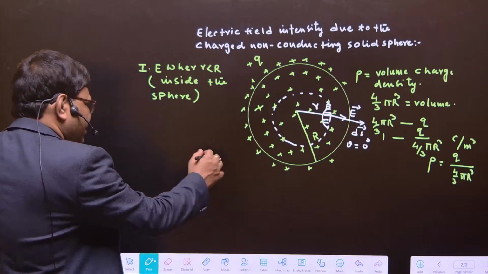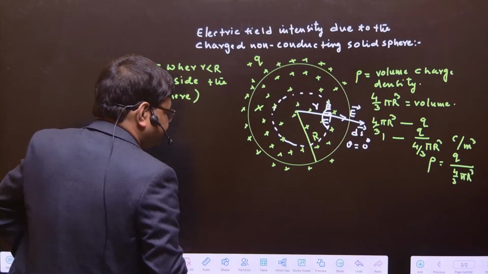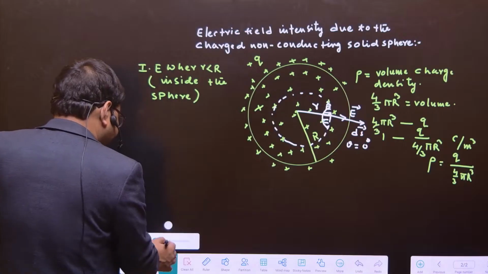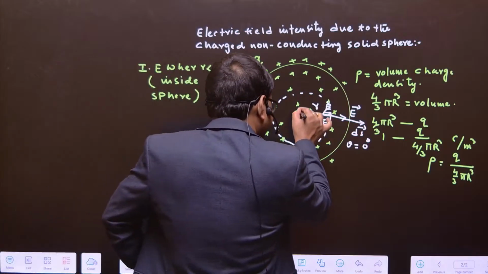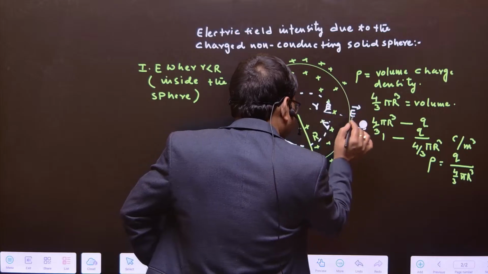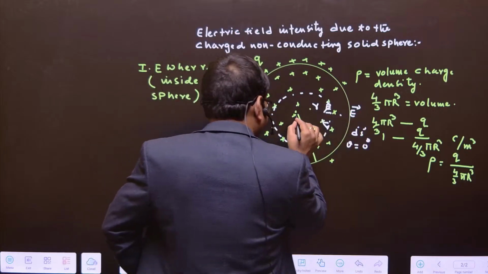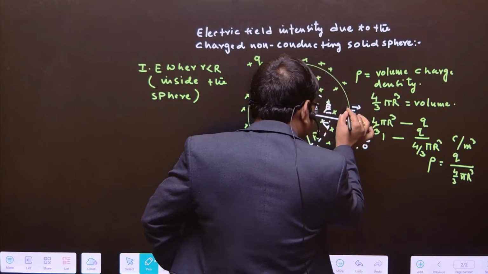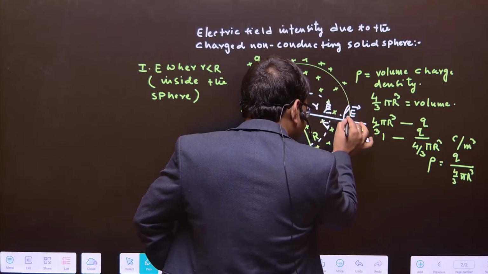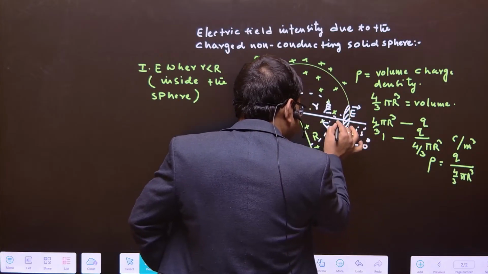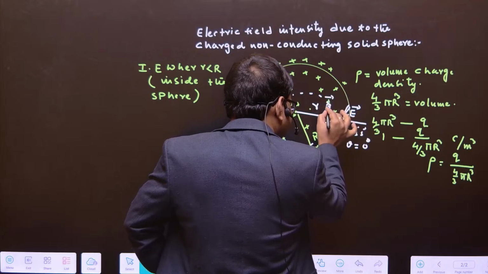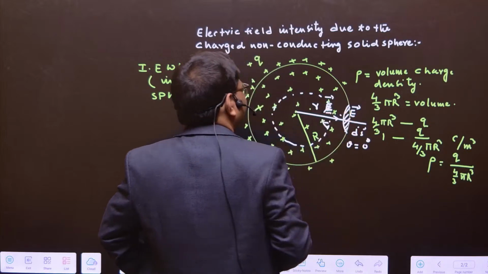Okay, now see here. This distance is r vector. This one is the area vector, ds vector, and this one is the electric field, E vector. Clear?